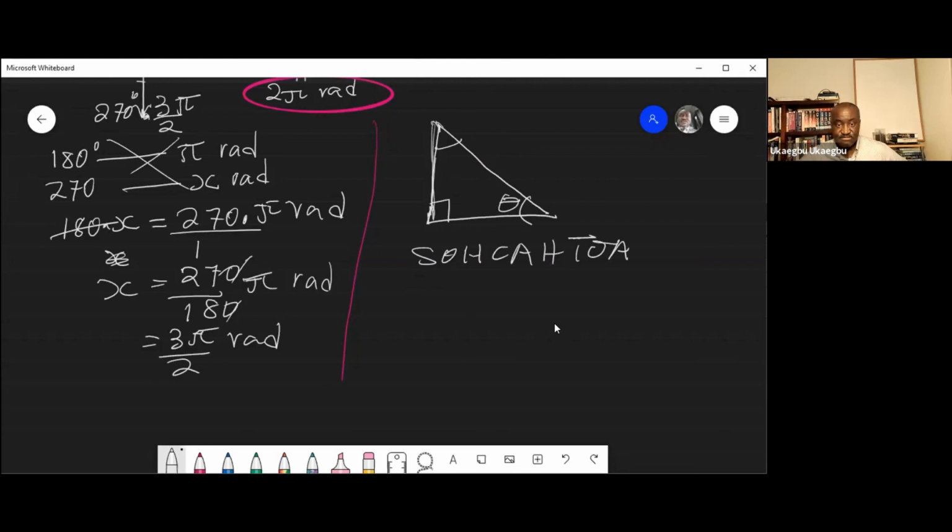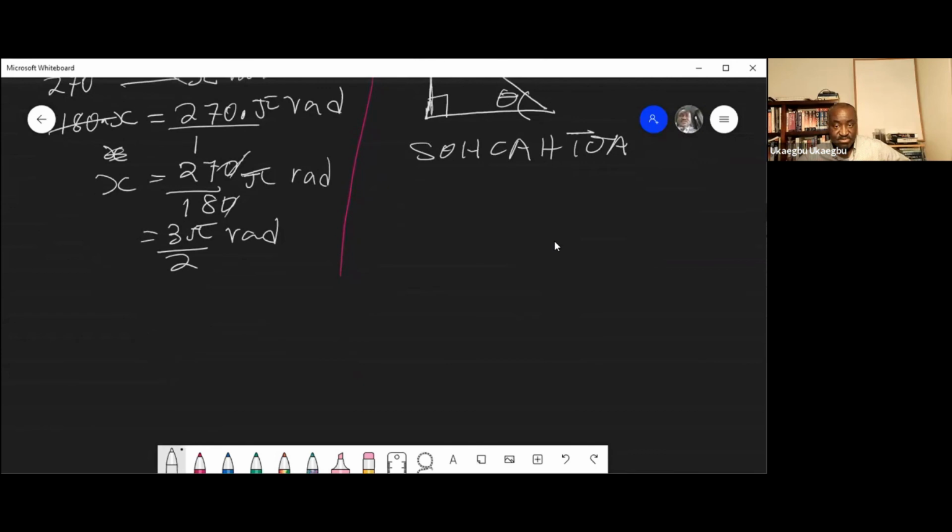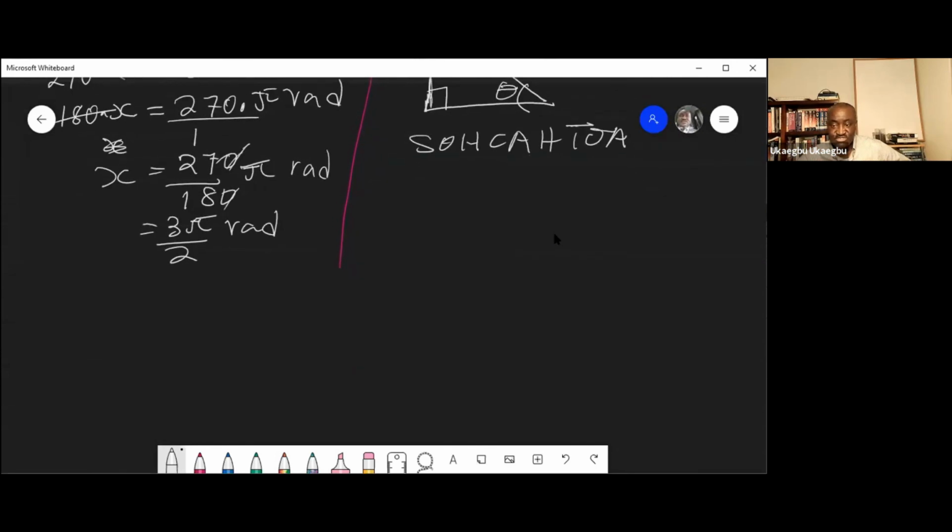But not all triangles are right triangles. Some triangles have an obtuse angle in them. So there has to be a way of solving problems relating to those types of triangles, and we still use some aspect of the trig ratios to accomplish that. That's what today's whole lesson is going to be about.